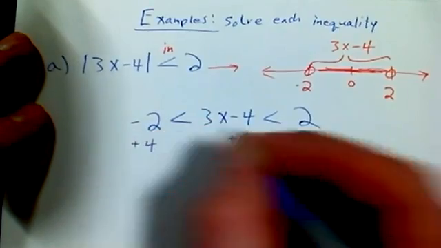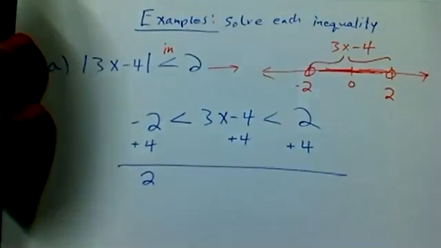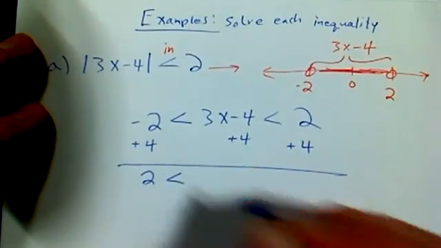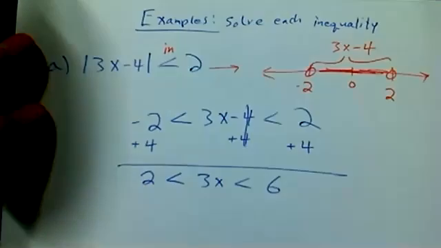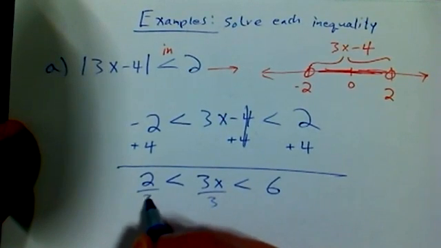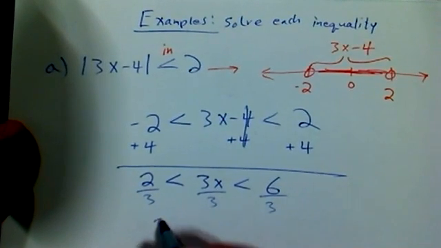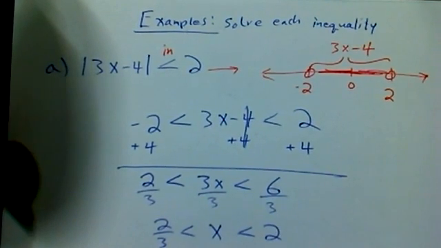Plus 4, plus 4, plus 4. This is going to be 2 is less than 3x is less than 6. Then I know I have to get the x by itself, so I'll divide everything by 3. Don't have to flip any signs. 2/3 is less than x is less than 2.